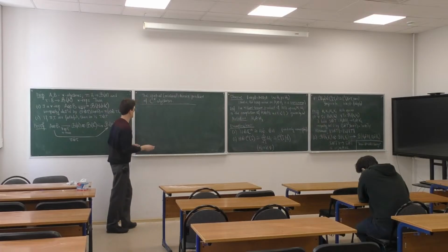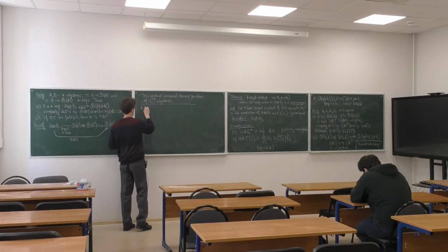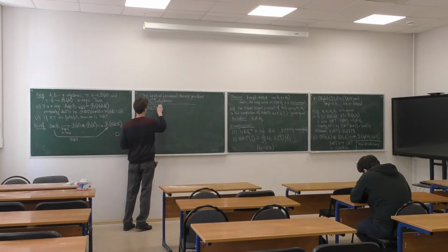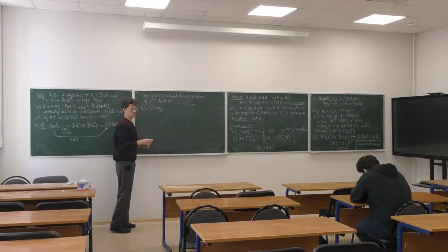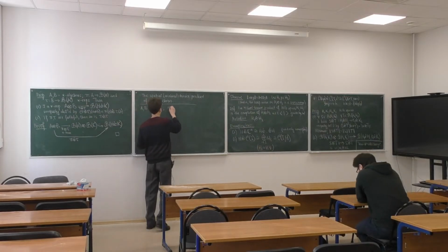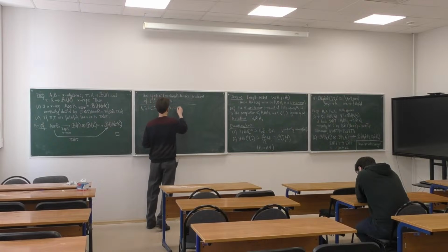So suppose A and B are C-star algebras, and let's take their universal representations, ω_A and ω_B, respectively.